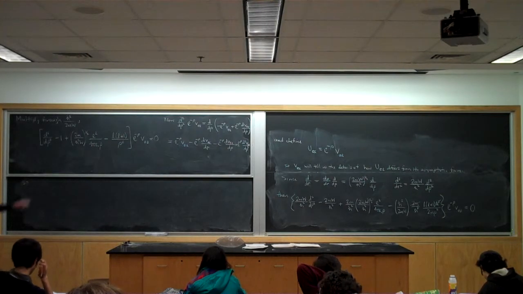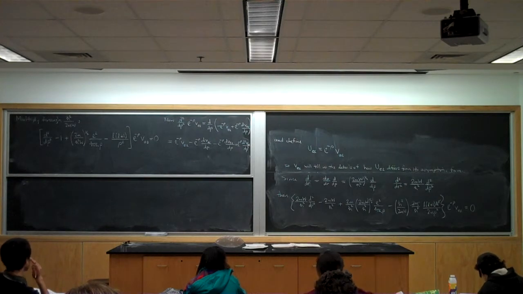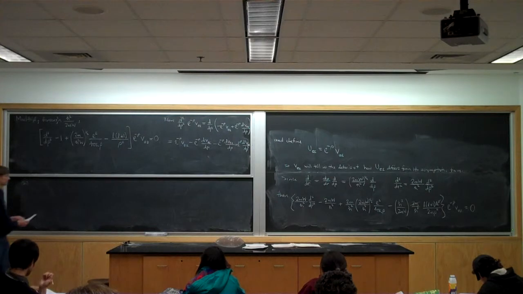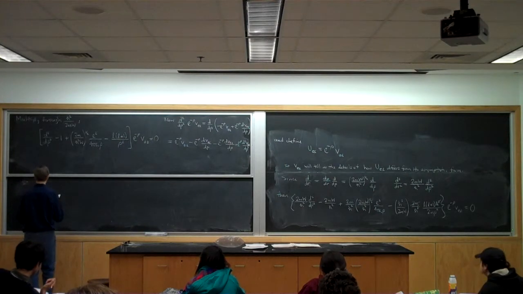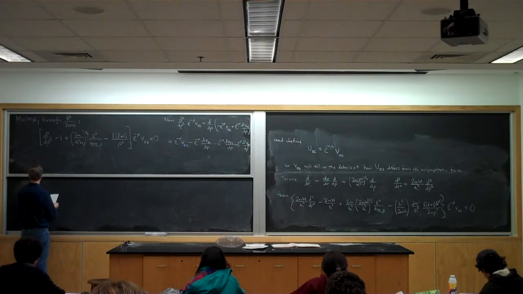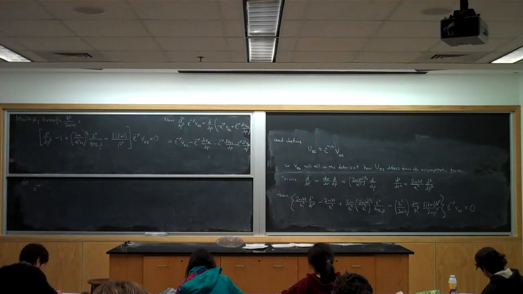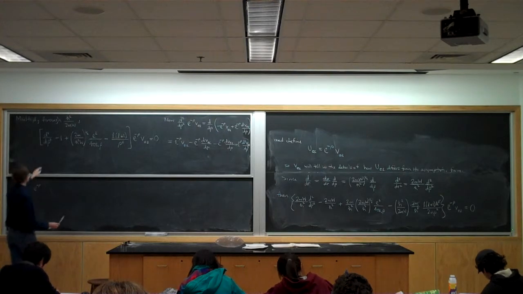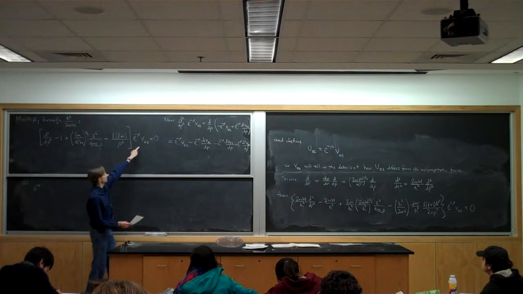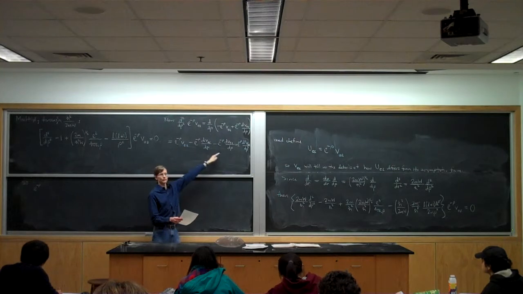Notice those middle two terms become minus 2 e to the minus rho dV_EL/d rho. There's a factor of e to the minus rho in every one of those terms, including d squared/d rho squared of e to the minus rho V_EL.